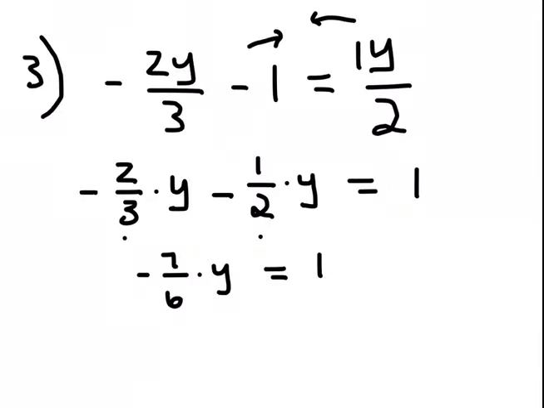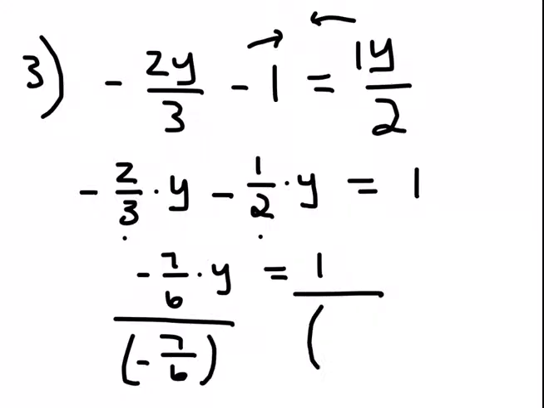Then the last step is for you to just remove that. So it is that negative 7 over 6 that you want to remove completely. Remember, whatever that you do on the left, you do on the right.